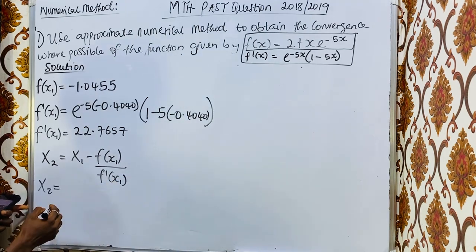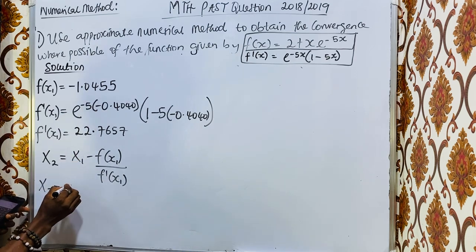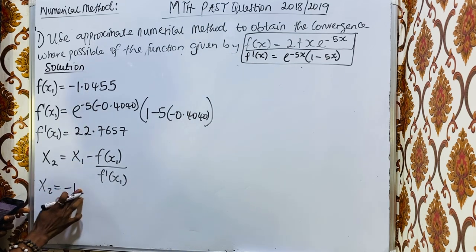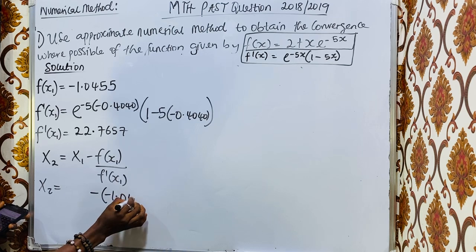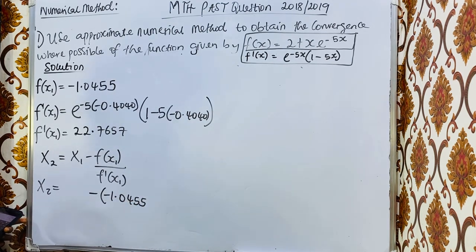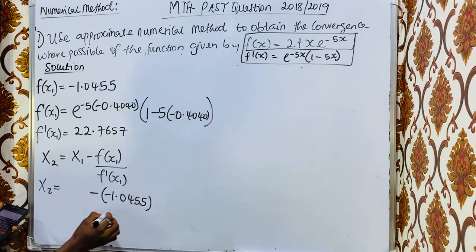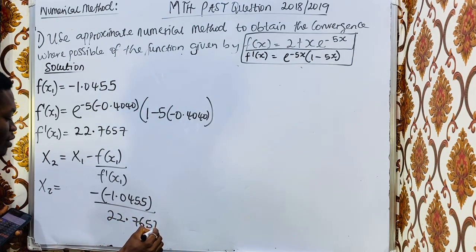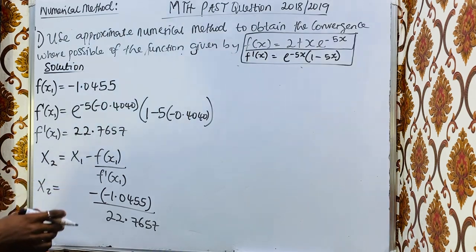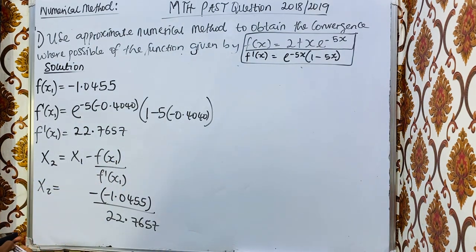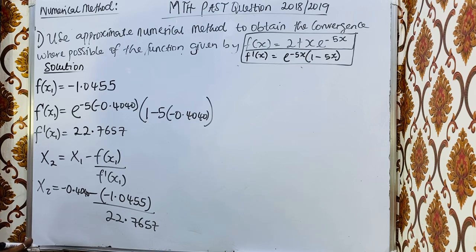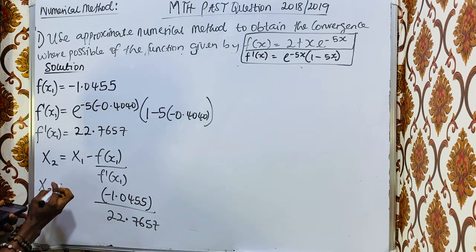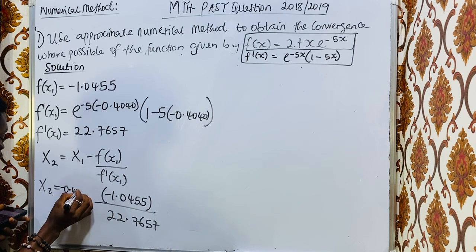So our x2 will be: x1 is negative 0.4040, and f of x1 is negative 1.0455, all over f prime of x1, which is 22.7657. So we have negative 0.4040 minus that.